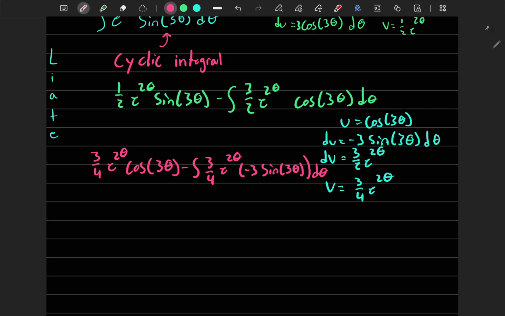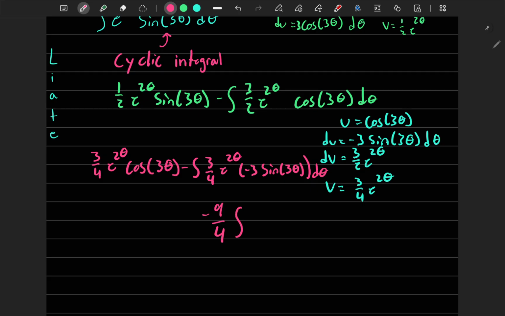So now we can do some simplifying. We'll just simplify this side right over here and distribute the -3. That should get us a -9/4, I believe. And we can actually take this and put it on the front side of the integral.